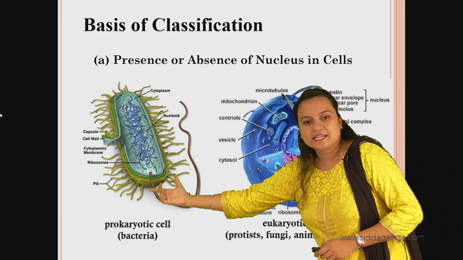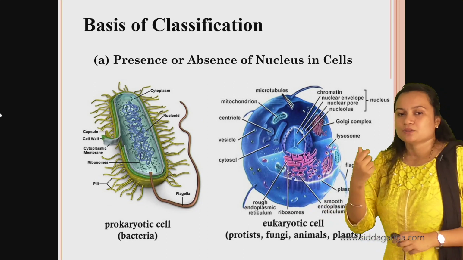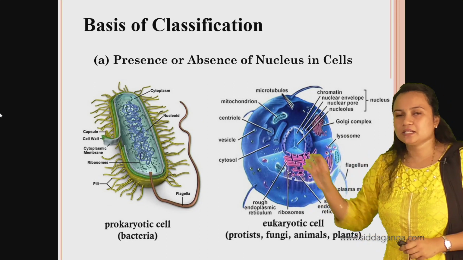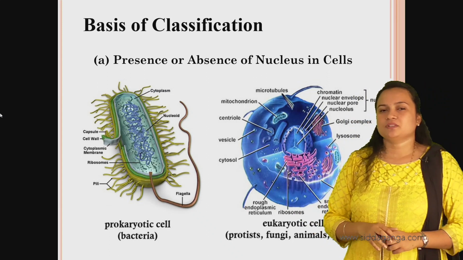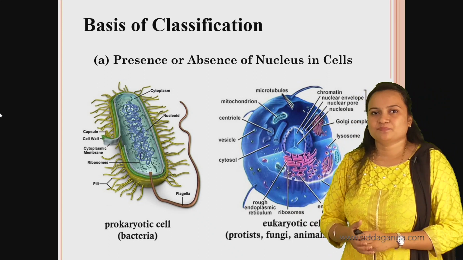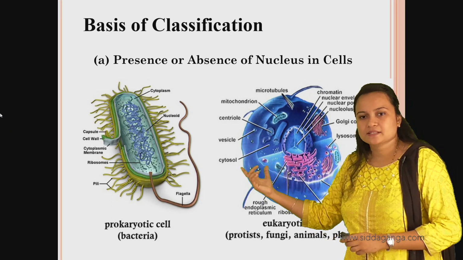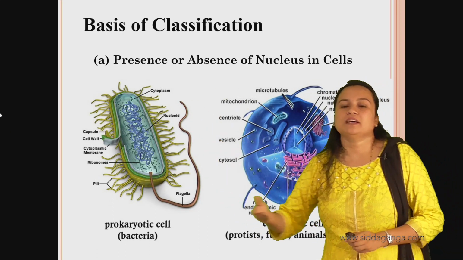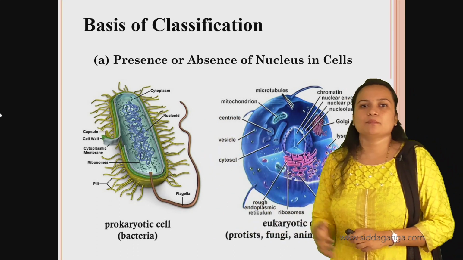Each cell has a different design. Design means the genetic material which is present in the nucleus, it is the design of that cell. This will lead to further development, that is by reproduction.